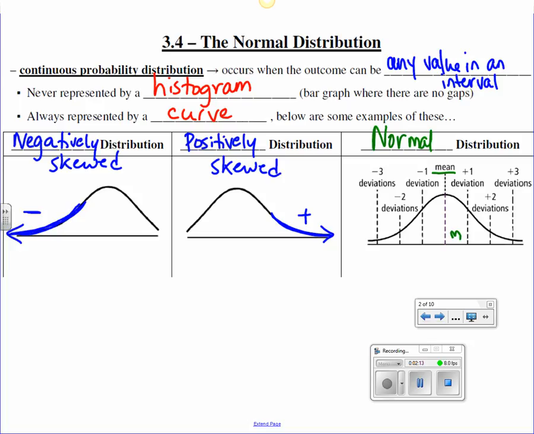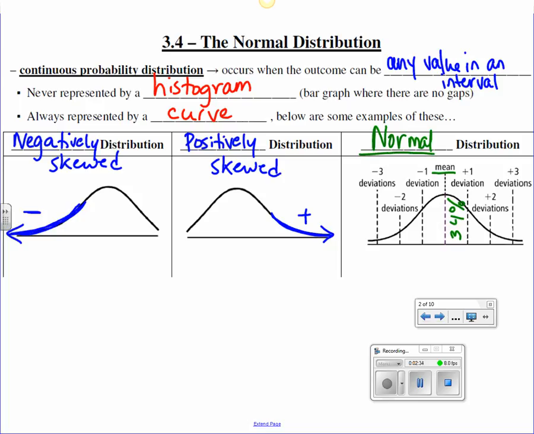So there are 34% of the data between the mean and 1 standard deviation. So write that down, 34%. It's like a statistical fact, and we'll be doing problems with that.